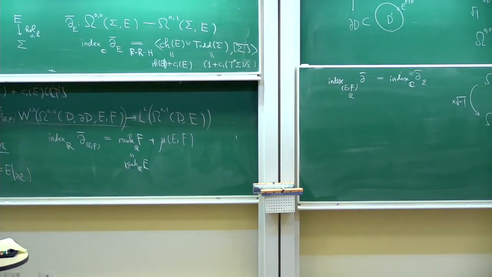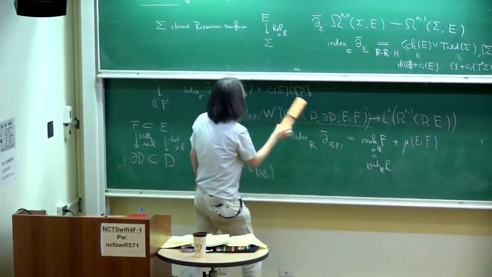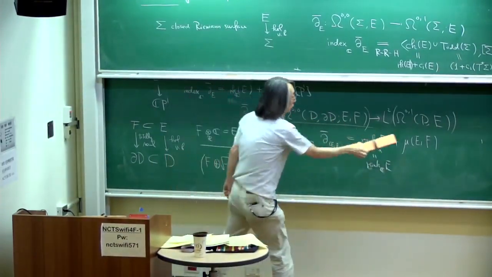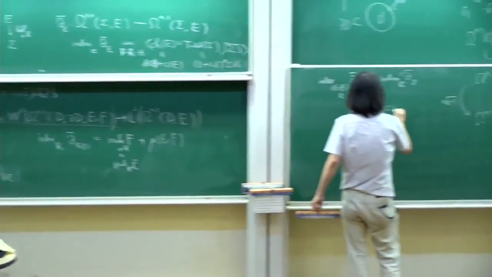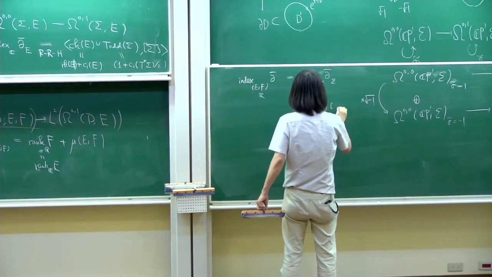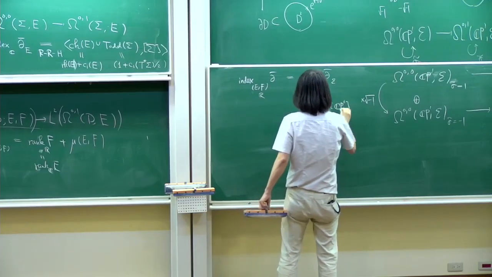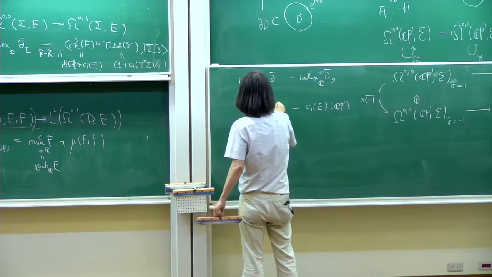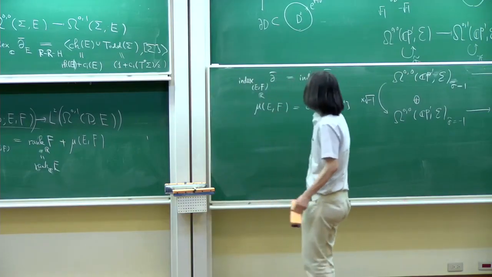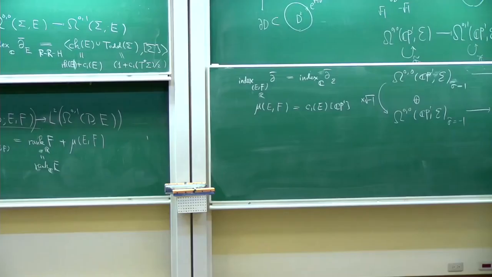This is a complex rank equal to real rank, certainly. And this one is also equal to this one. We can directly prove this, but it is equal to this mu of this EF, as an integer.